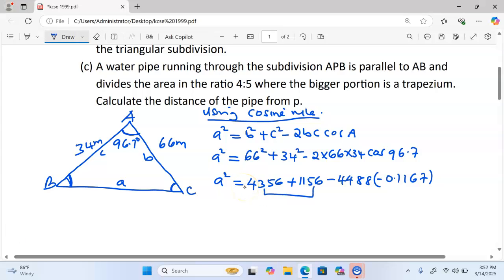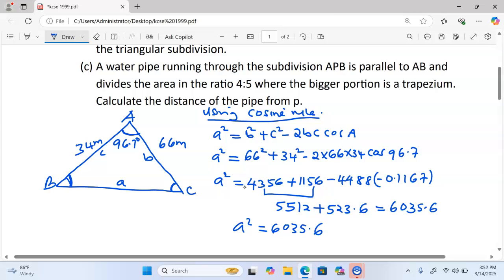So 5512 plus 523.6, the sum of these two, actually gives us 6035.6, meaning our a squared will be equivalent to 6035.6.